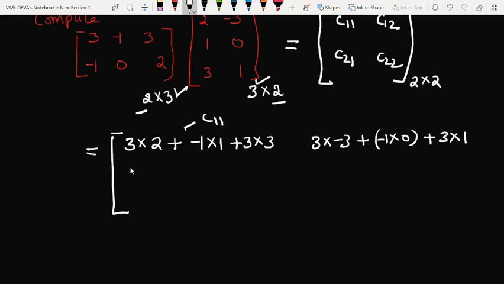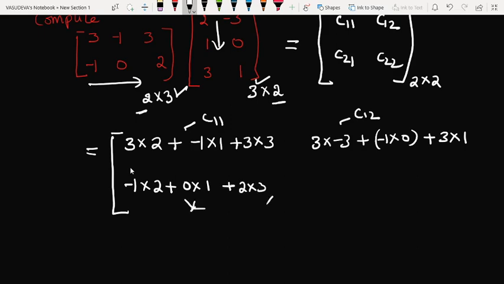That is over. This is C12. Then the second row and the first column: minus 1 into 2 plus 0 into 1 plus 2 into 3. This is C21. Now again taking the second row and the second column: minus 1 into minus 3 plus 0 into 0 plus 2 into 1.